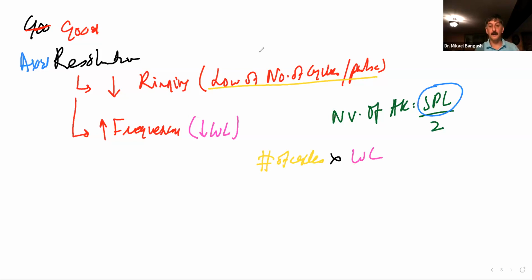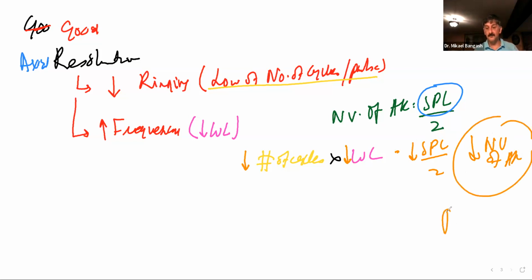Now, if both of these are kept low, what do you get? You will have a short spatial pulse length, and if you divide that by 2, you will get an even smaller numerical value of the axial resolution, which means this would be better or best.